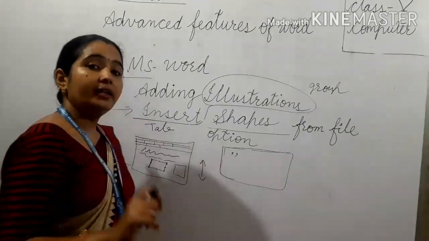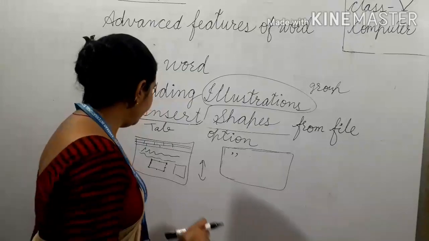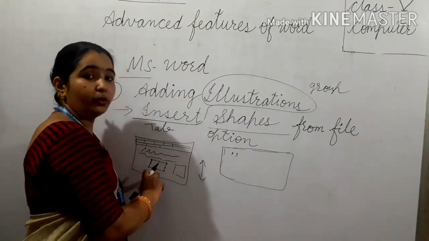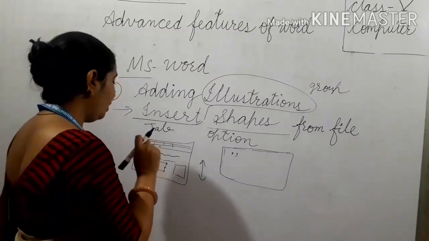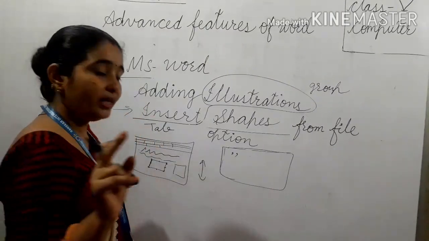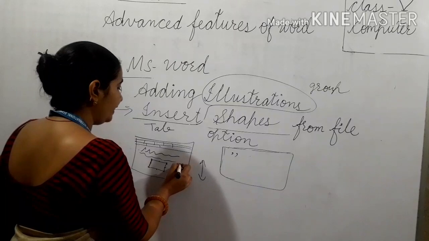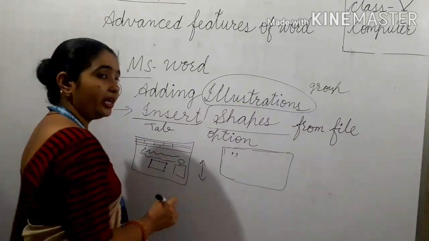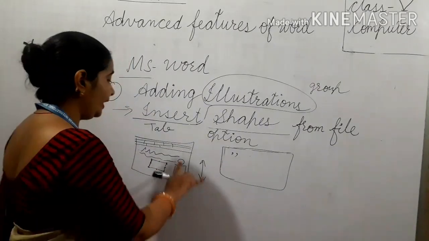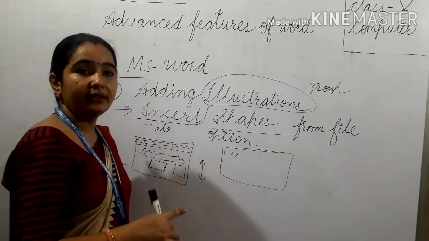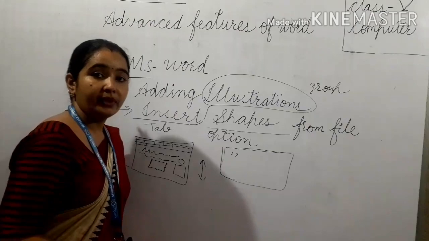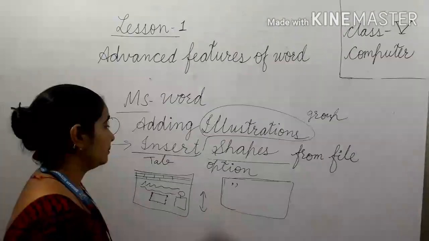And once the shape is inserted, you can resize it, you can move it, even you can rotate it, because this facility is not available on picture, but on shapes you will get this rotation sign. While clicking on this rotation sign, you can rotate your shape to 360 degree. Is it clear to you all?